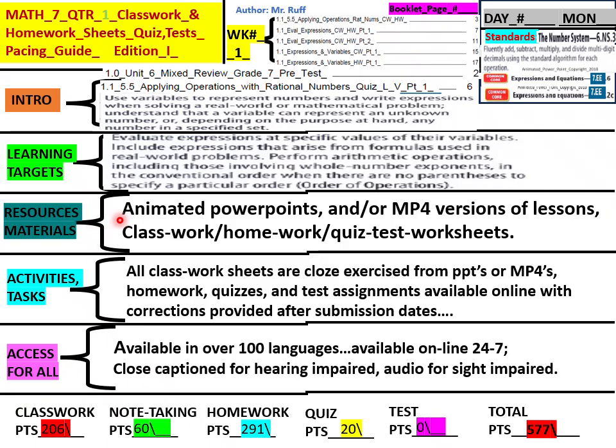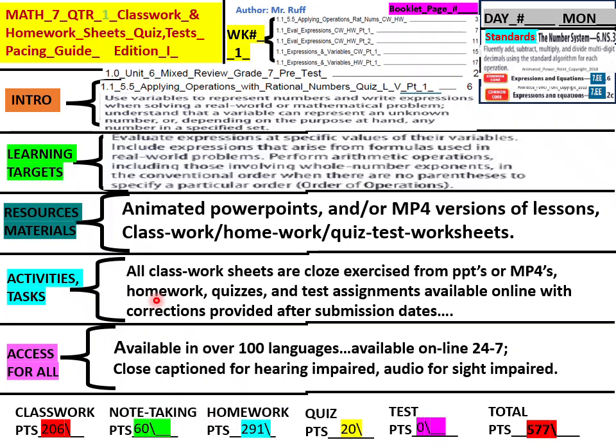Resources and materials: animated PowerPoints and MP4 versions of lessons, classwork, homework, quizzes, tests, worksheets, activities and tasks. All classwork sheets are closed exercise, meaning your booklet, from PowerPoints or MP4s, depending upon the choice of the student, or both.